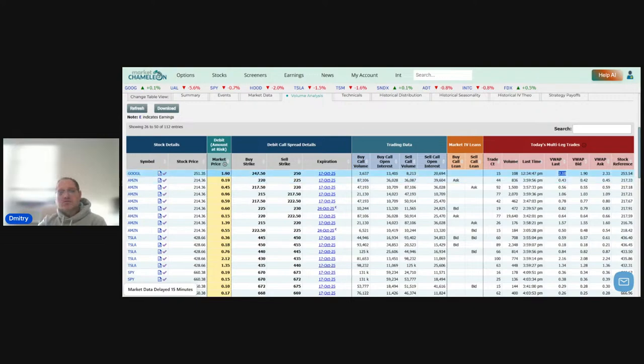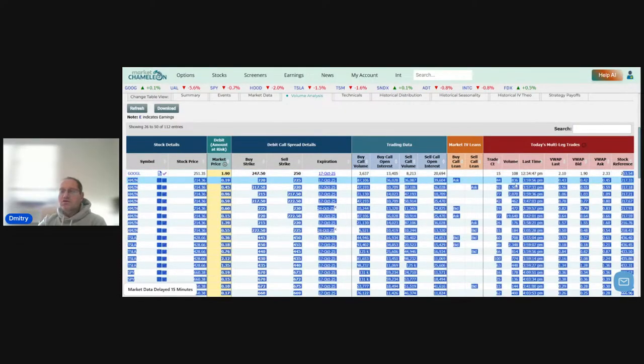So now it's offered below that. The bid and offer at the time were 190, 233. So we could see it's trading in between, closer to the offer, with a reference price of 253.54. So you could see the stock was down from that. Okay.